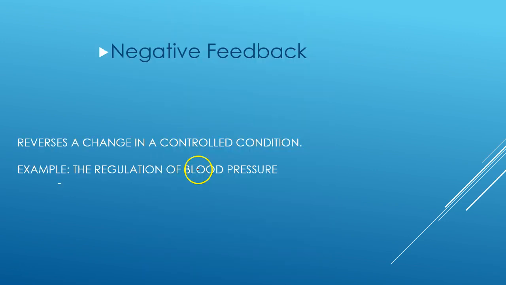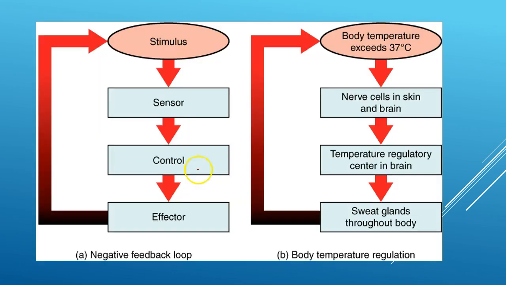Okay, most of the time we see this through a negative feedback system. This simply means we are reversing a change in a controlled condition. So blood pressure is a good example. Here we have body temperature. So body temperature, if we become too hot, we are going to notice this. So our receptors are going to take hold of this because we have temperature receptors in our skin.